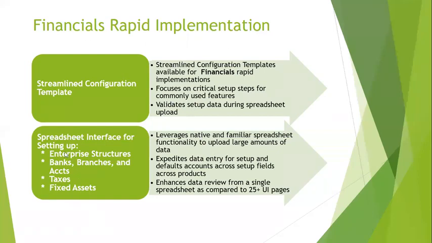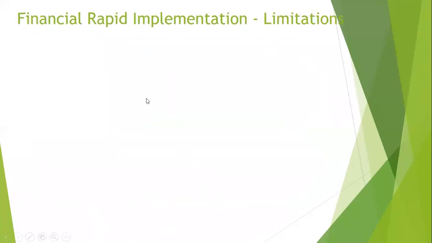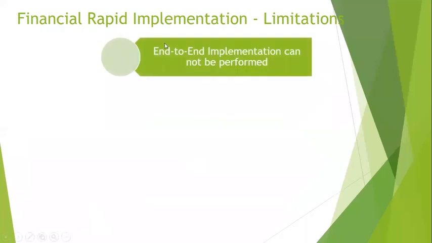Now let us see the enterprise structure rapid implementation, because we are in the enterprise structure. Let's see how this financials rapid implementation will be applicable for enterprise structure. Before that, the limitations. One is that end-to-end implementation cannot be performed.